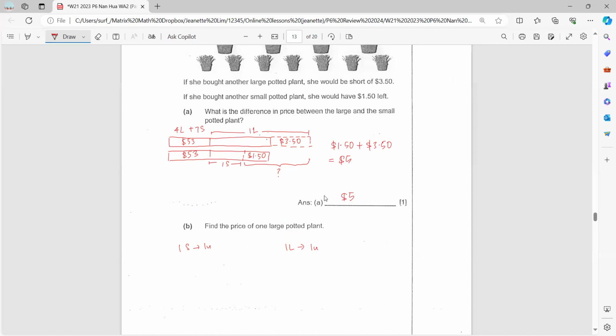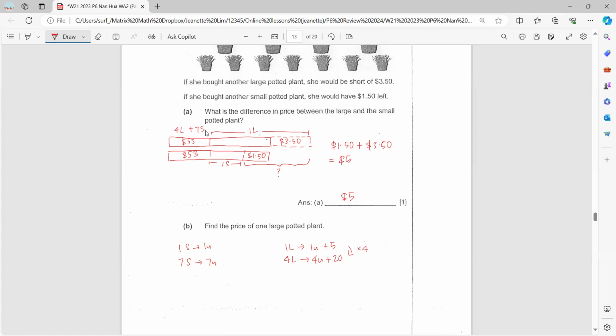So 1U plus 5. To make up $53, I have 4 large, 7 small. So 7 small is 7 units. 4 large, we will times 4. So 4U plus 20.